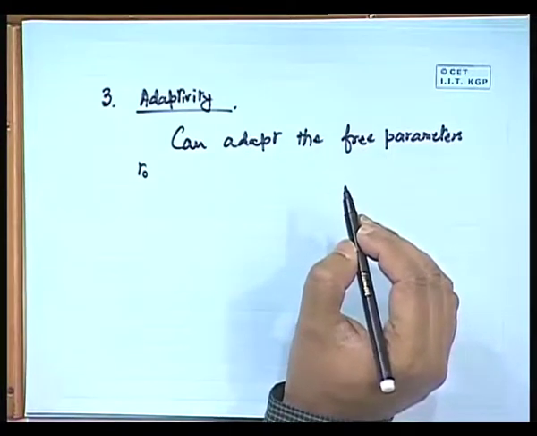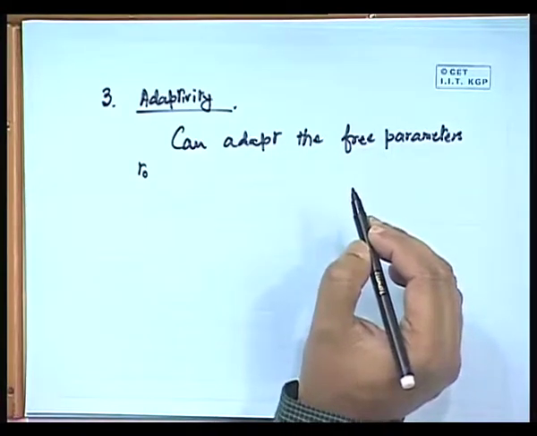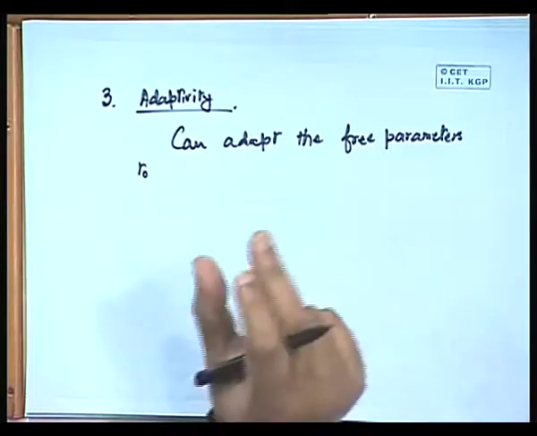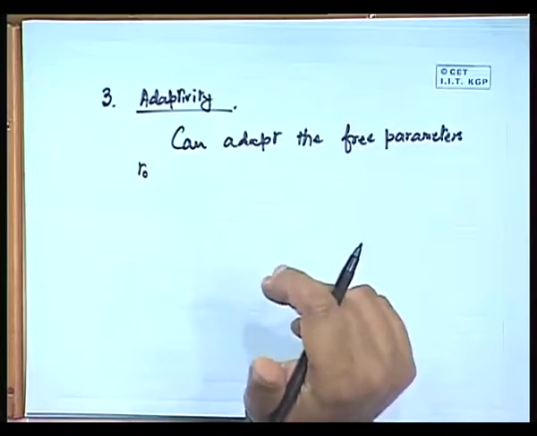Actually, in respect of the human brain, the free parameter basically refers to what is called the synaptic connection, and it is all tuned by the strength of the connections, but we will come to that later on.